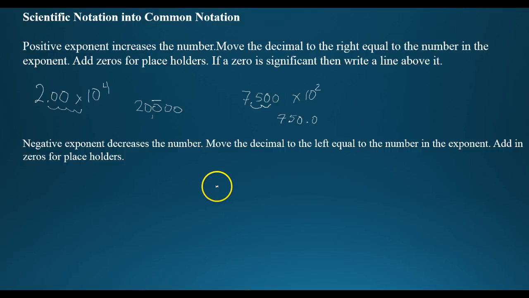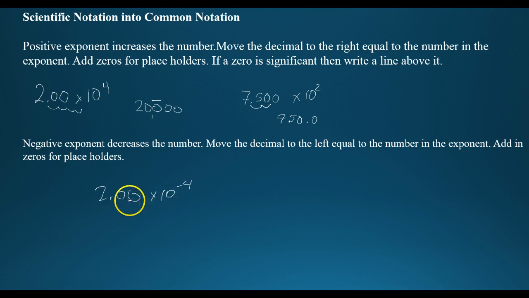Okay, a negative exponent decreases the number. So now you're going to have a decimal number. Move the decimal to the left equal to the number in the exponent and add in the zeros for those placeholders. So let's say we have 2.00, but now that is times 10 to the negative fourth.